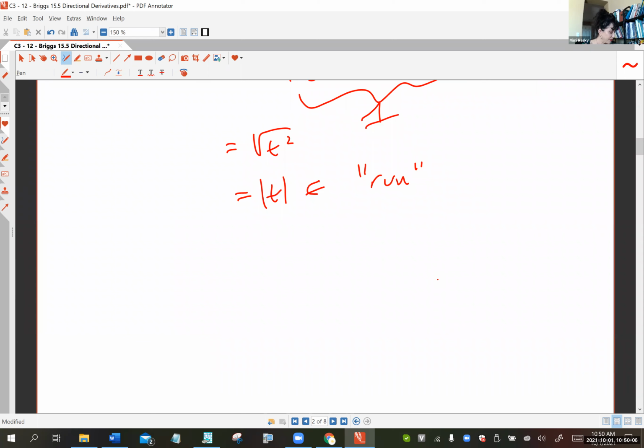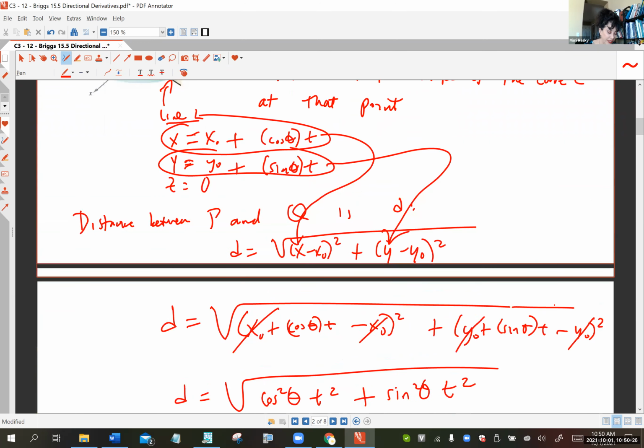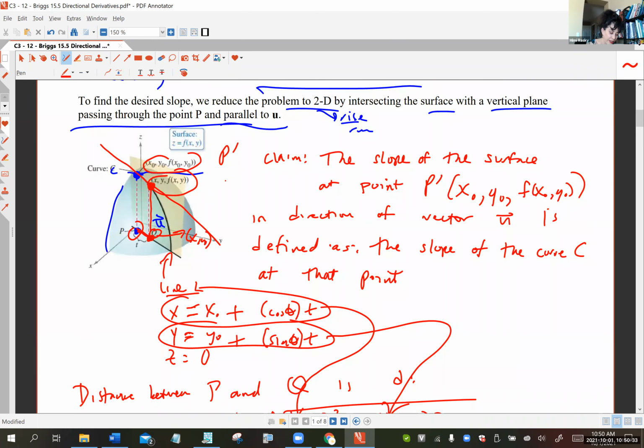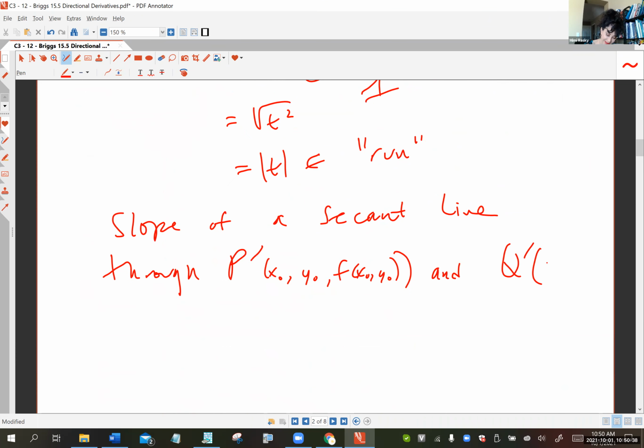So now what? The slope of a secant line through P prime, which has coordinates x naught, y naught, f evaluated at x naught, y naught, and Q prime. Q prime is going to be a point directly above Q, on the surface and also on the curve right there with coordinates x, y, f of x, y. And what does a secant line look like?